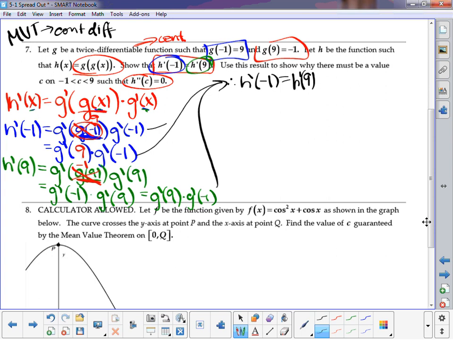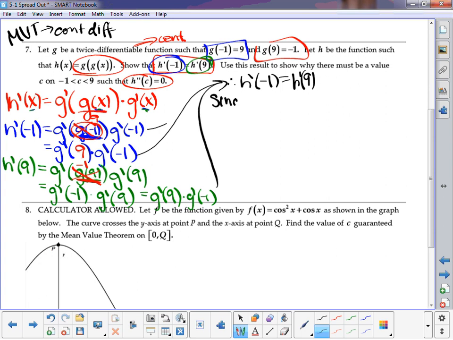Since g is twice differentiable, that means g prime is also differentiable. And we can see h prime was made up of g and g prime. Those are both continuous and differentiable, so we know h prime is continuous and differentiable. So we need to state that.